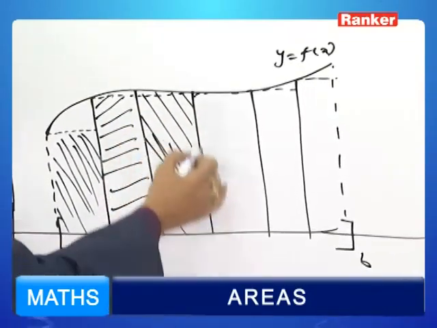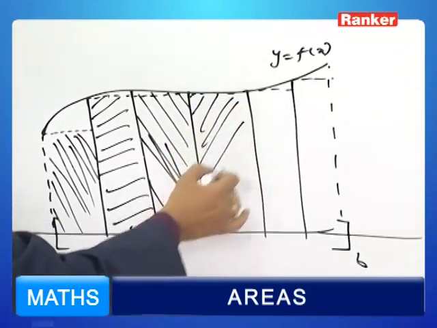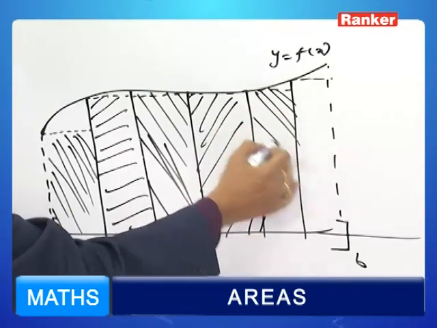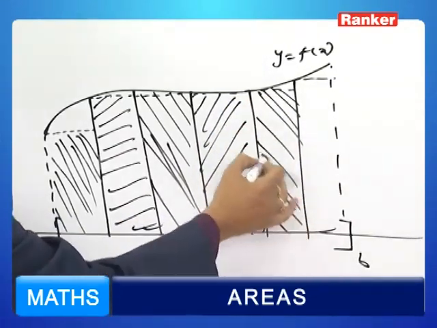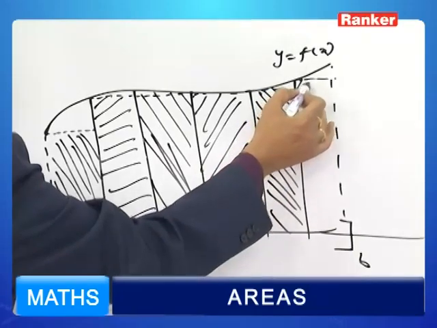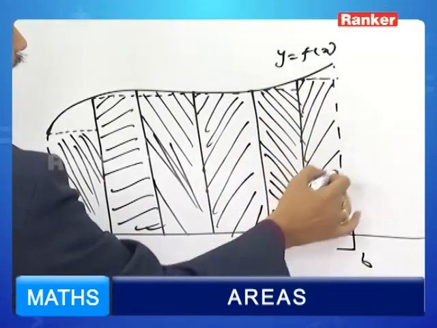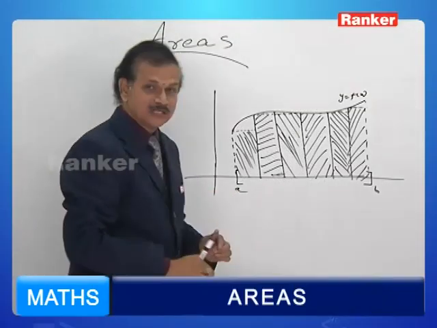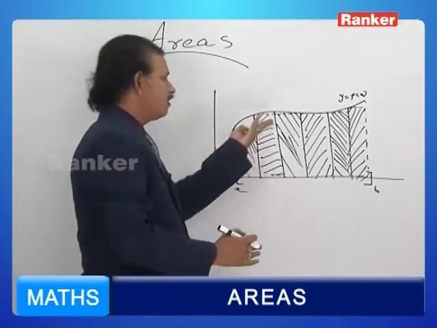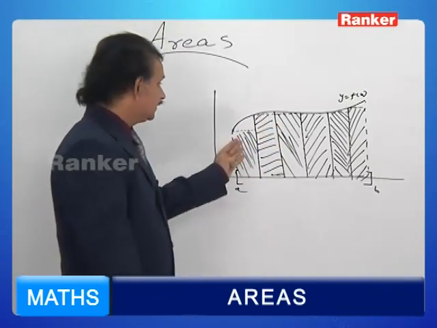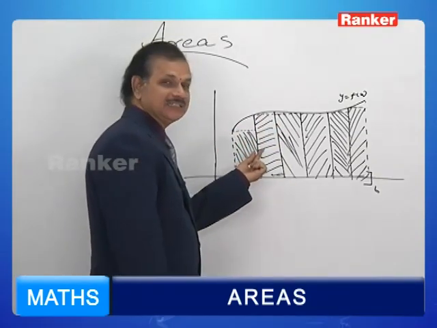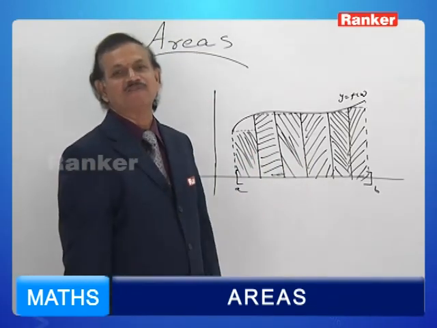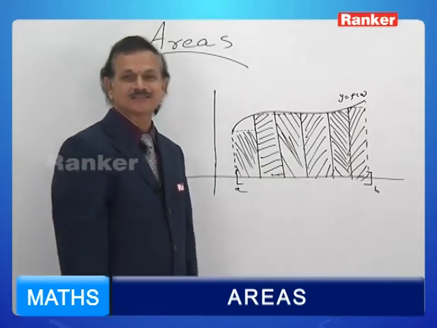And if you add all the areas of these rectangles which have been formed below the curve, all these rectangles have been formed below the curve above x-axis, isn't it? The sum of all the areas of these rectangles is called the lower area of f of x above x-axis.